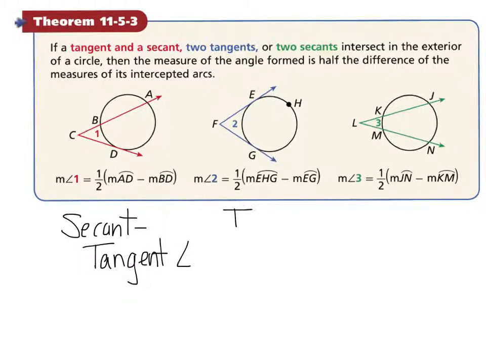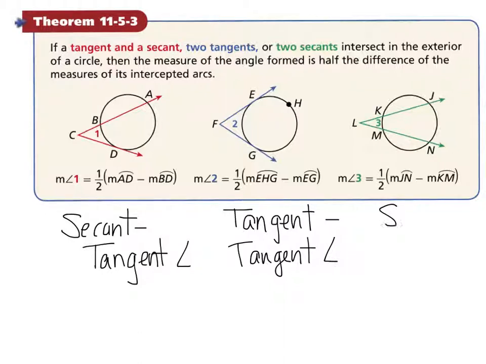You have the tangent-tangent angle. And you have the secant-secant angle. So a tangent and a secant, 2 tangents, and 2 secants. All of these are the same.